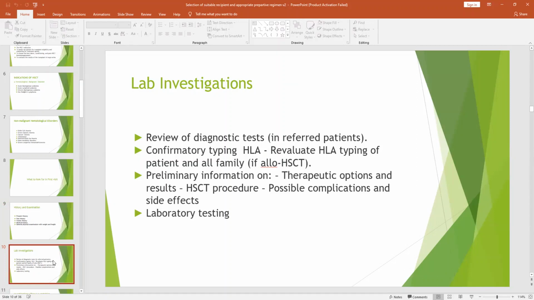Although they have HLA typing, we do the confirmatory test for HLA locally too. And preliminary information on the therapeutic options and the results, HSCT procedure and possible complications and the side effects of the transplant.